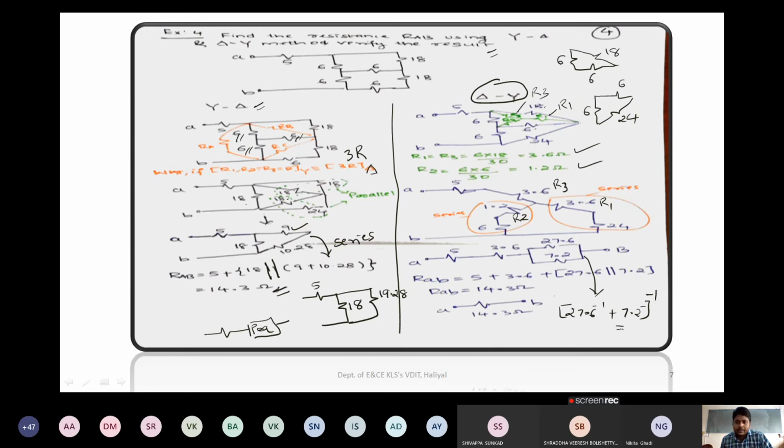So what you will get is the equivalent value. So equivalently, now if you sum up all the things, you will get 14.3 ohms. Okay. So is that clear now to everyone? Okay. So if you have any questions to be asked out of these 4 examples, you can ask.